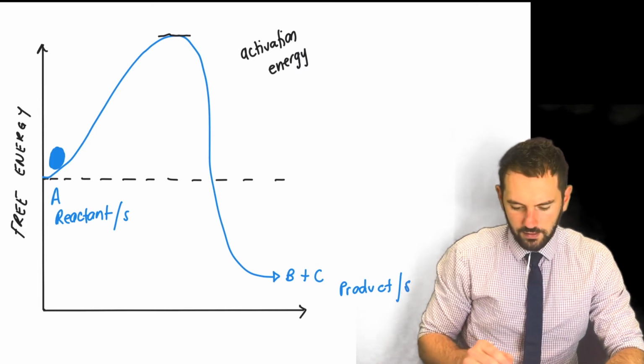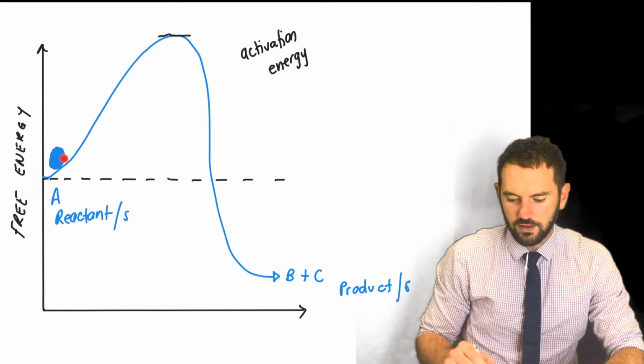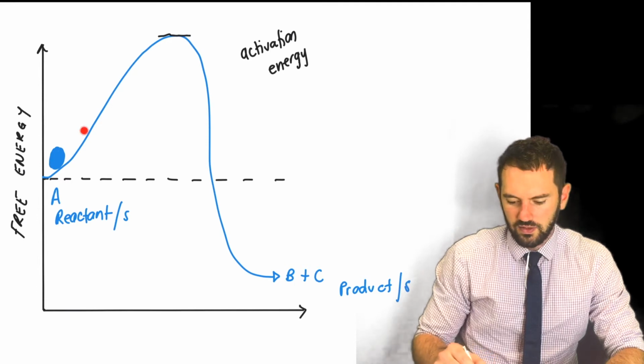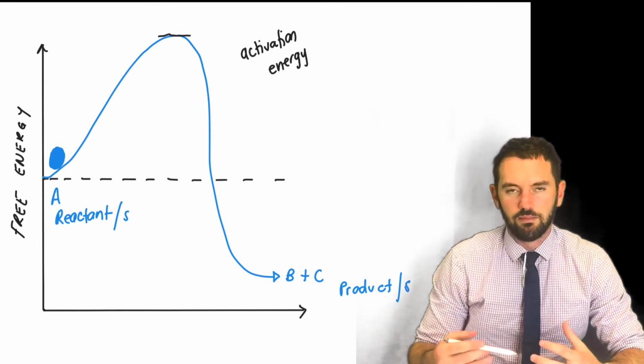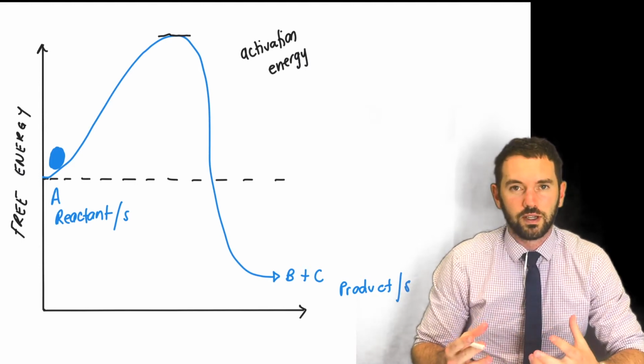Now, if that particular reactant doesn't make it up to that activation energy, we'll never get a reaction to occur. And some systems, we can never provide enough energy for it to reach that transition state to become B and C. And that's particular in biological organisms because they've got really controlled body temperatures.